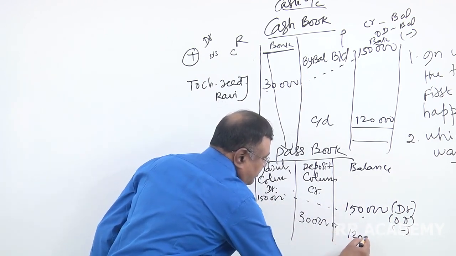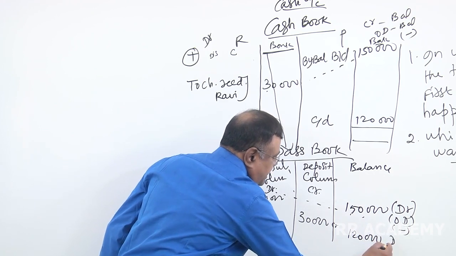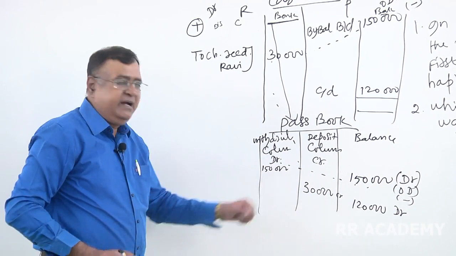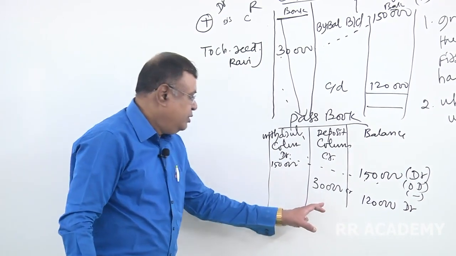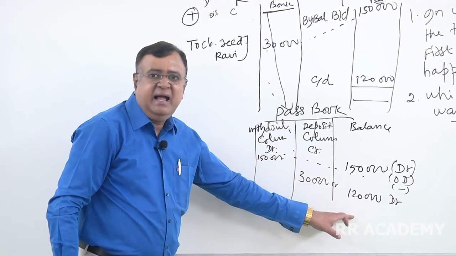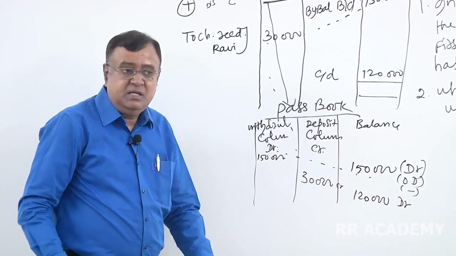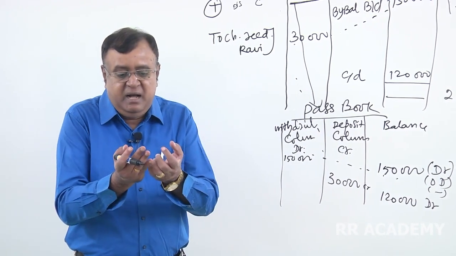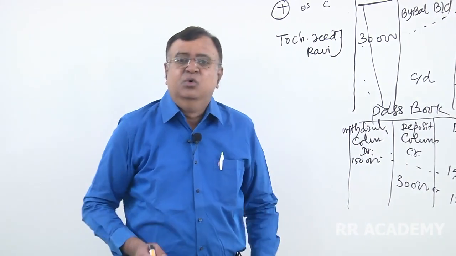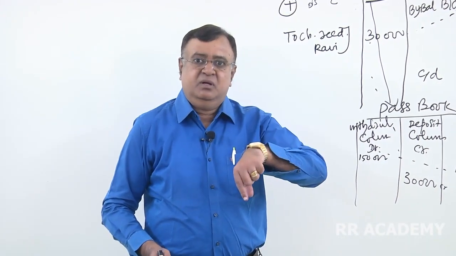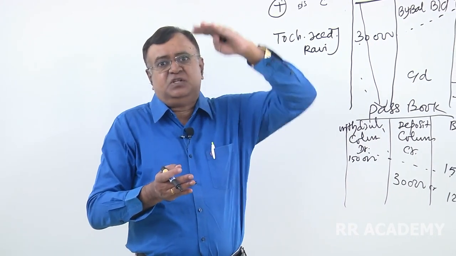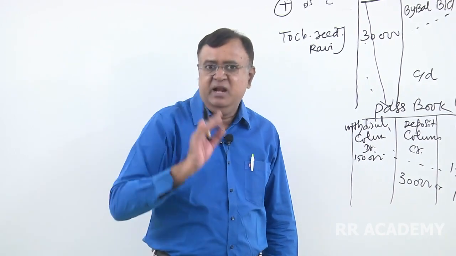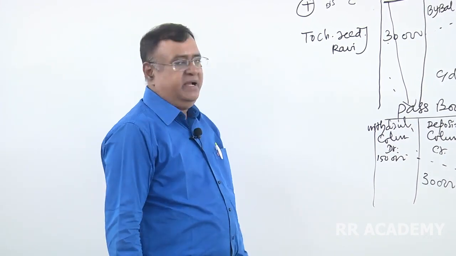Therefore, 1,20,000 debit. How much money do we have to pay to bank? 1,20,000. So likewise, please understand, when a check is received, balance will come down. Opposite. Normal balance plus, overdraft balance minus. This is one explanation.